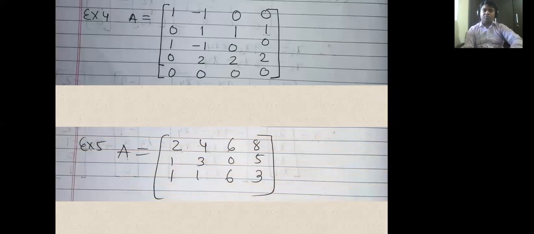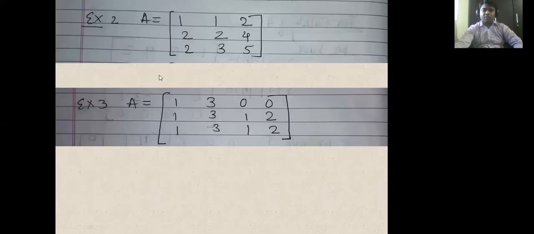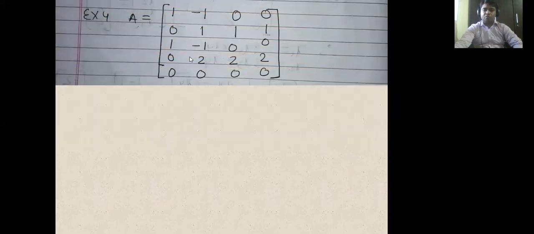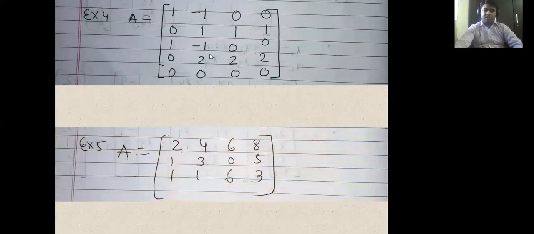Okay, one of these 4 exercises I might solve in tomorrow's lecture in the beginning part, and then we'll move ahead to the next thing. I might solve exercise number 4 to compute rank and nullity, or I will decide which matrix I have to solve. This looks very easy to solve.